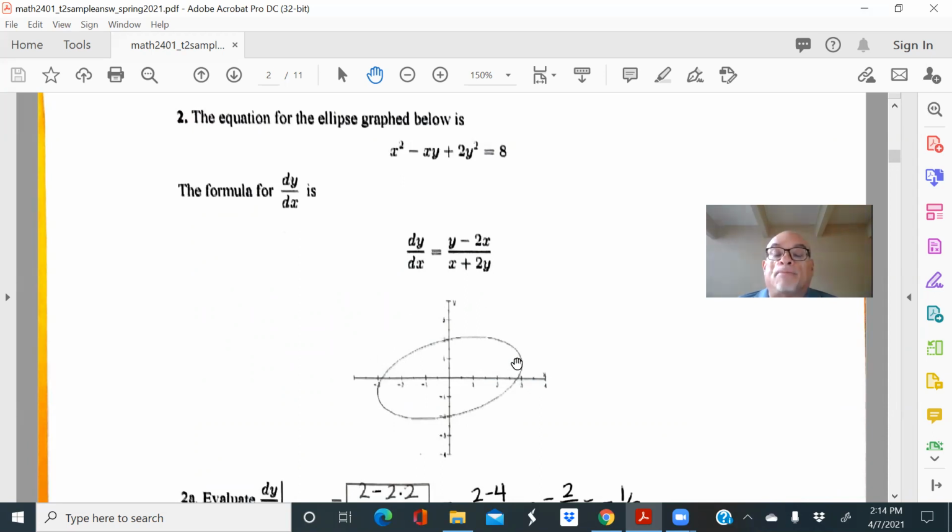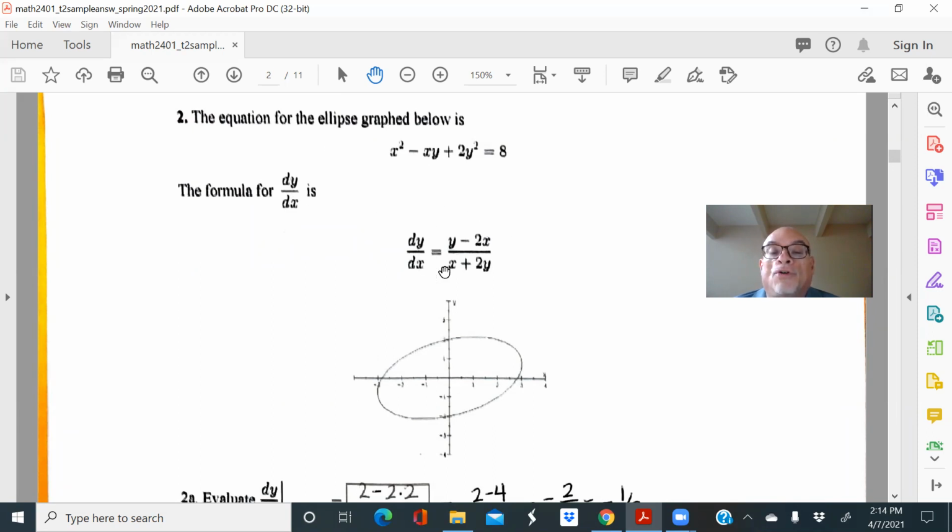And remember, we can use implicit differentiation to answer calculus sorts of questions about curves that are not functions. And so that's exactly what we're going to do in this particular problem. So here we have already got an expression derived for the derivative dy over dx.